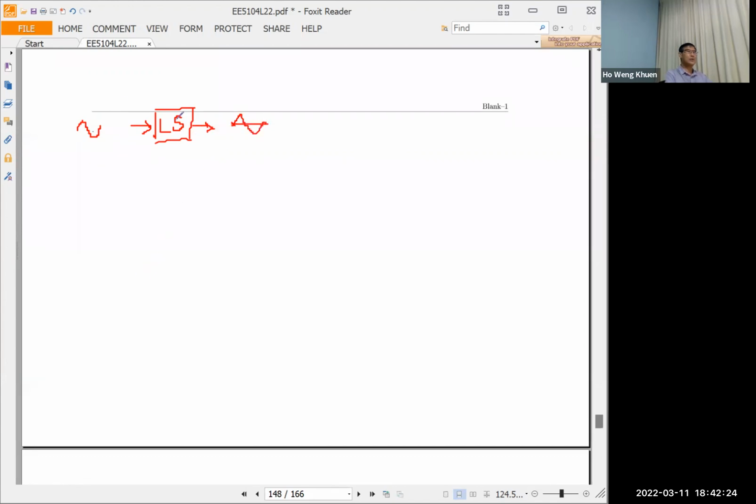Then they always ask you to do this. Take this output amplitude, divide by this input amplitude, and we call that the gain of your amplifier. Let's say I call it M1 for this amplifier. Take the output sine wave amplitude, divide by the input sine wave amplitude, and you get the gain M1.